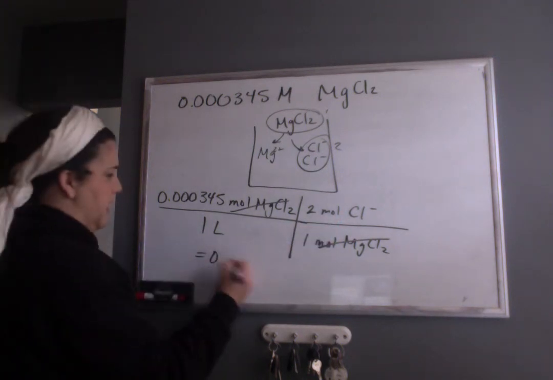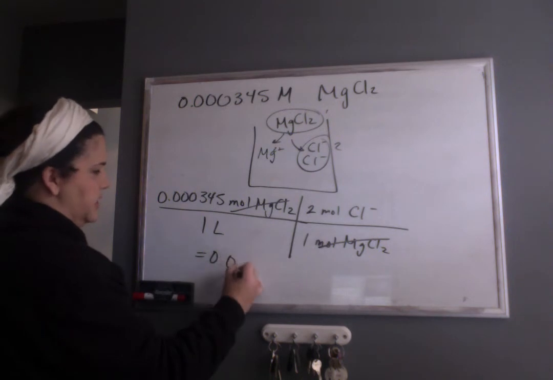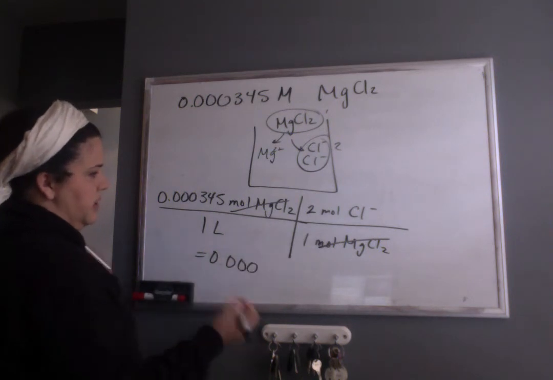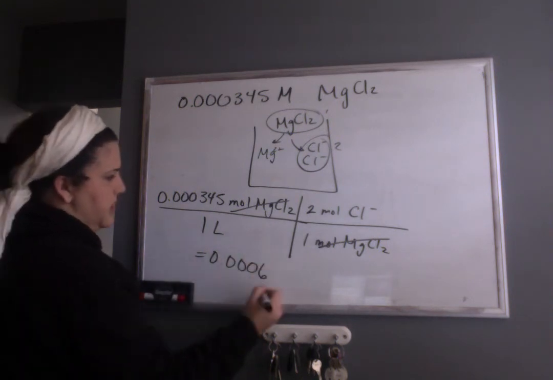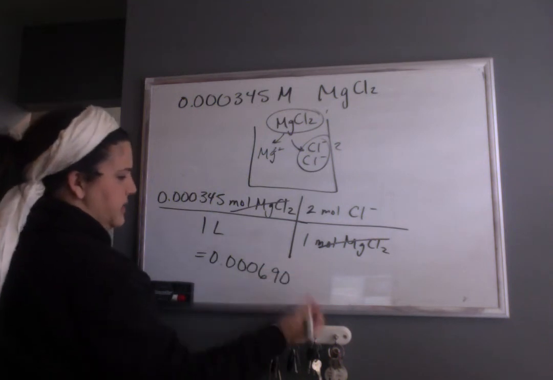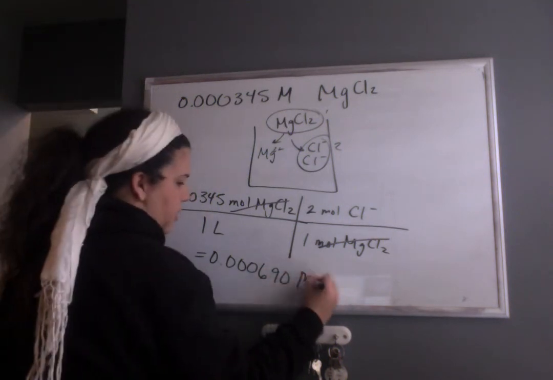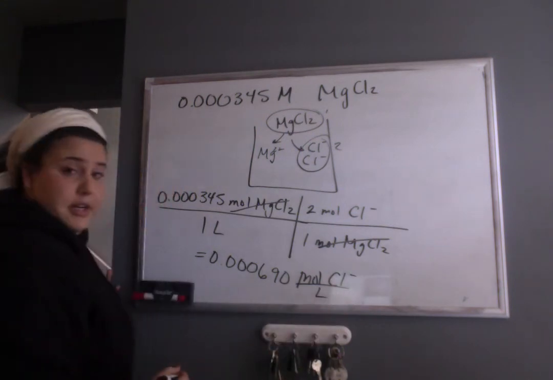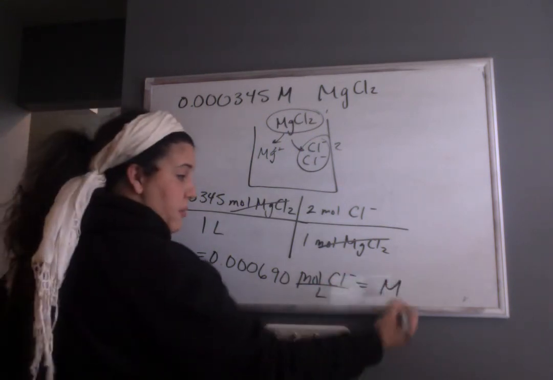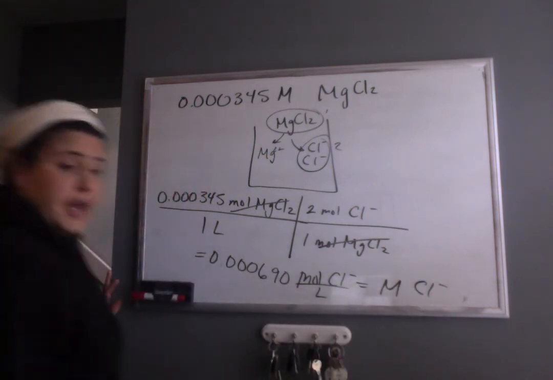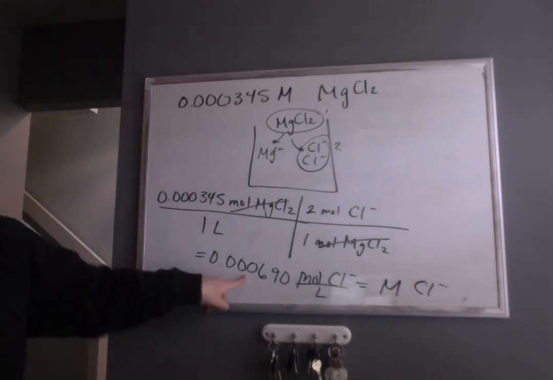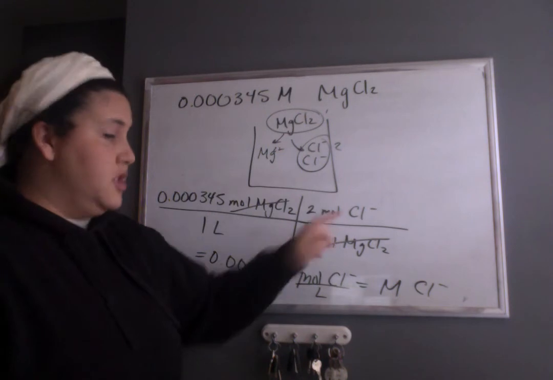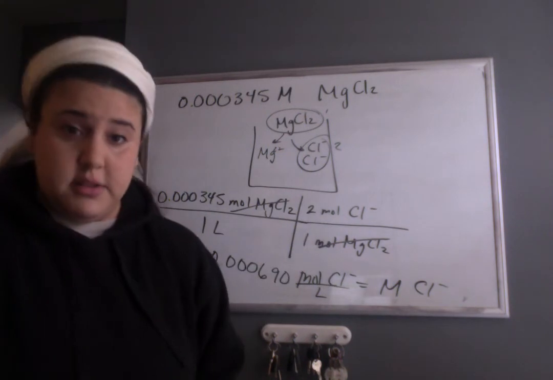Doing my head math here, 0.000345 times 2 would give me 690-ish moles of chloride per liter, which again is the same thing as molarity chloride. And you should note again that this number is now doubled to find the concentration of chloride in my solution.